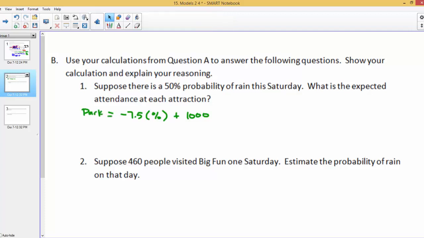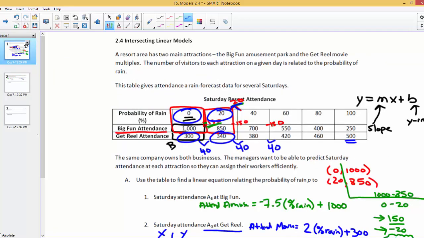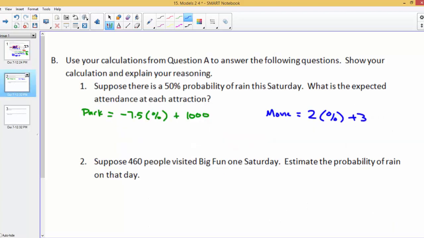And then the movie was equal to 2 times the percent plus 300. So you're going to need to put your percent in. So 50%.